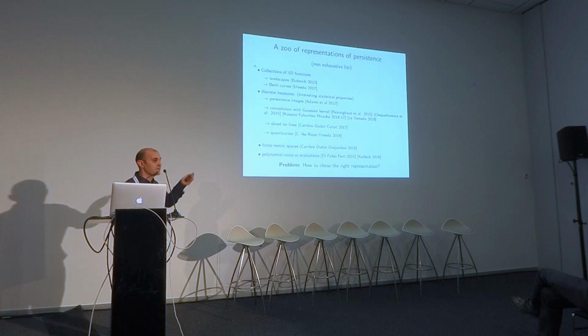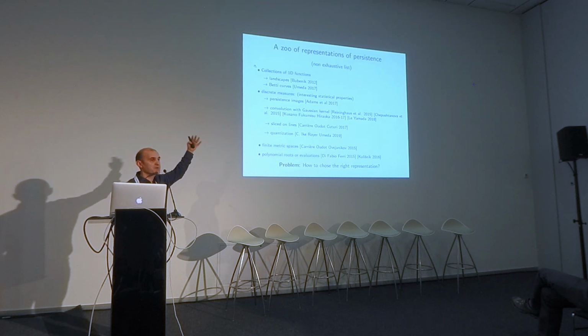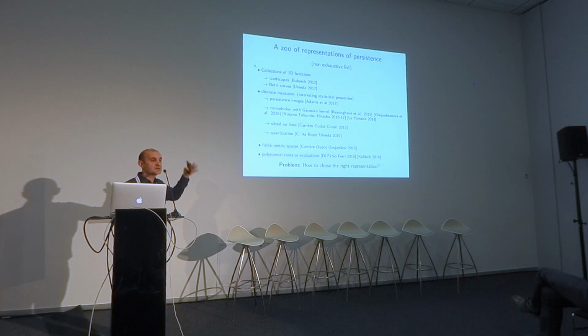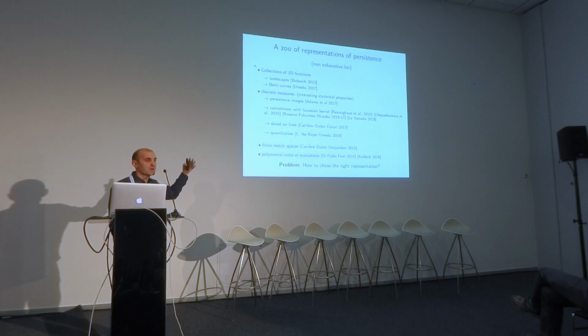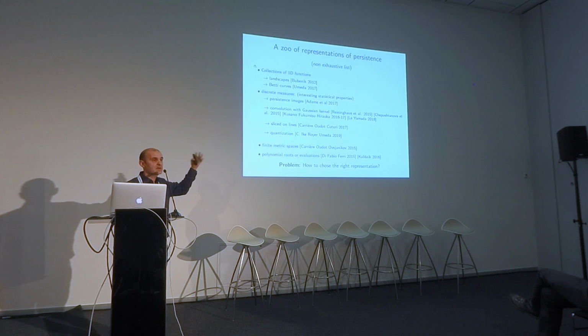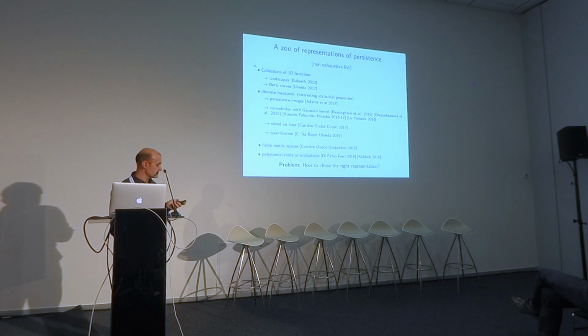Given your problem, what is the best way to choose? Why would you choose one representation or another? What is the best one? How to make this choice? In particular, if you are not an expert in TDA, or if you don't have a very deep knowledge about the structure of your data, it's in general not easy to know which one is the right one.